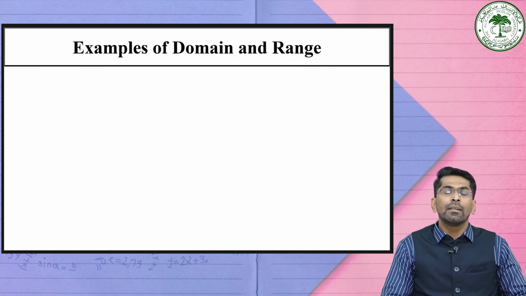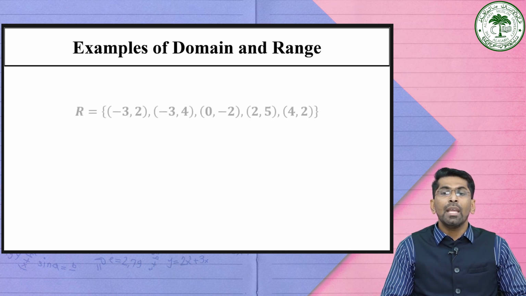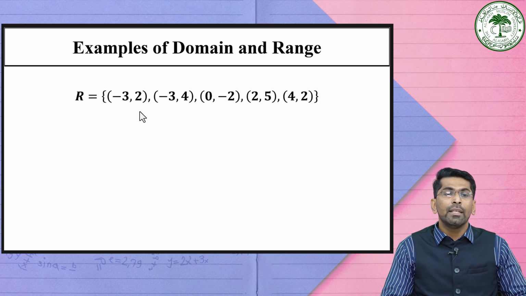Now let us consider an example of a domain and range. Suppose we have a relation R with the following pairs: (-3, 2), (-3, 4), (0, -2), (2, 5), (4, 2). The set of all starting points is termed the domain: -3, -3, 0, 2, 4.